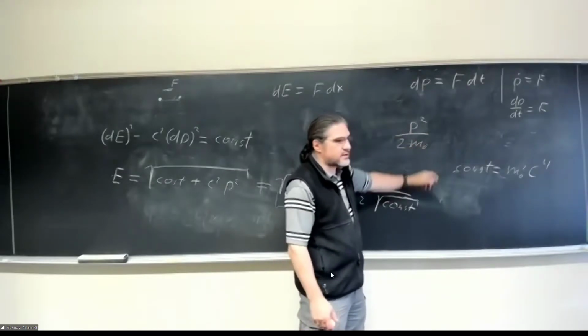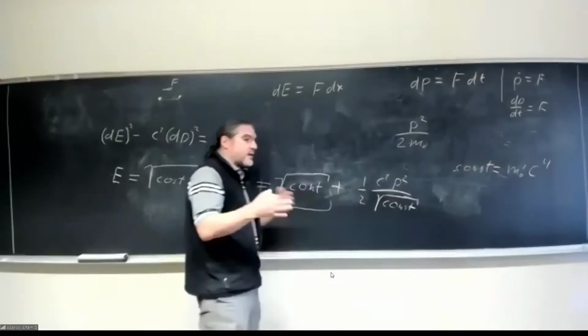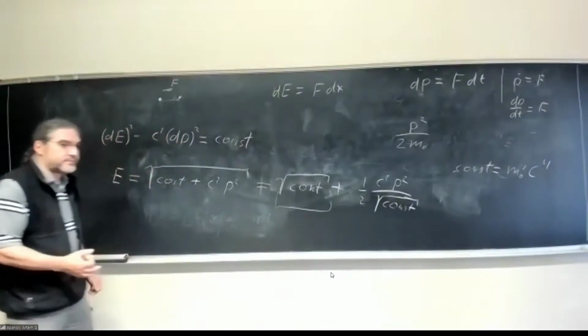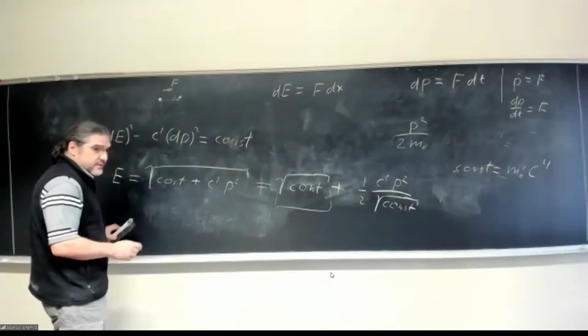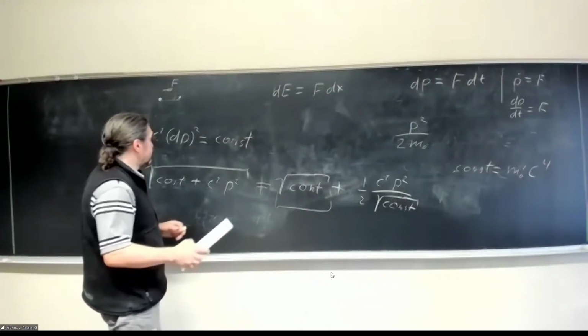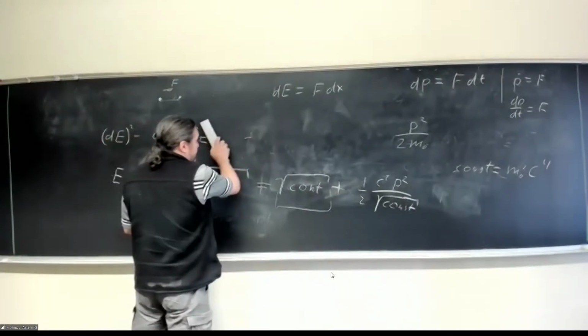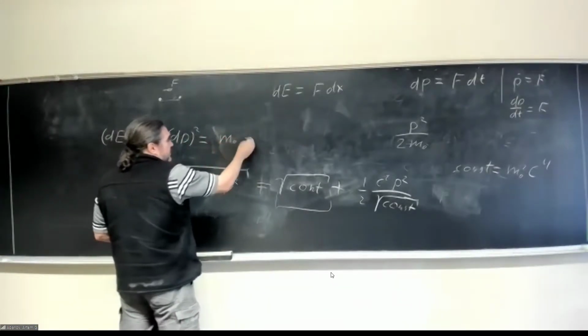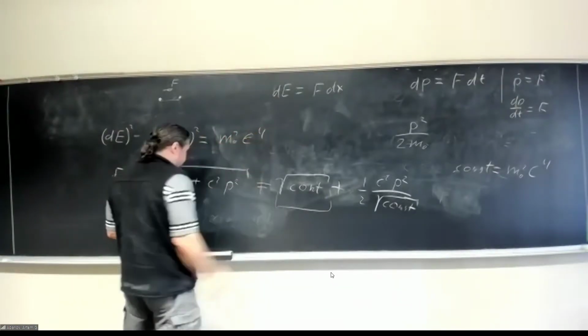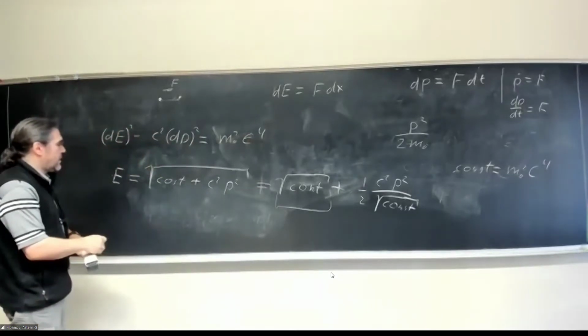And I get exactly the same formula. So I recovered again the Newtonian mechanics. Right? That makes sense? So what I have here, instead of the constant, is m naught squared c to the fourth. Okay?